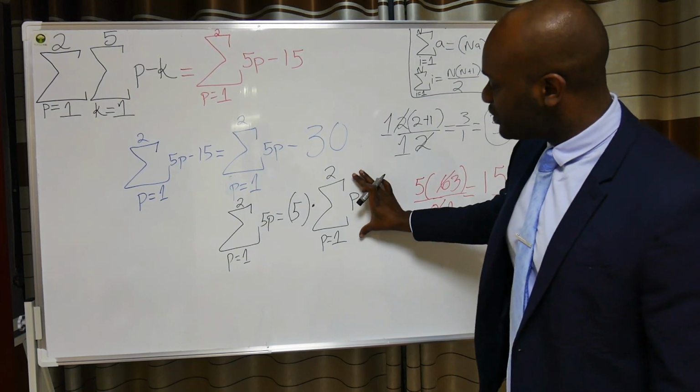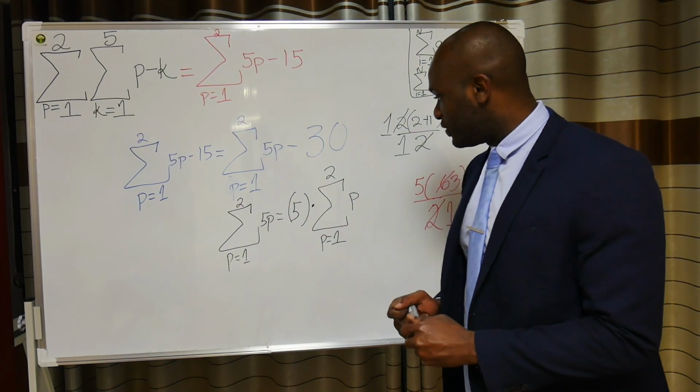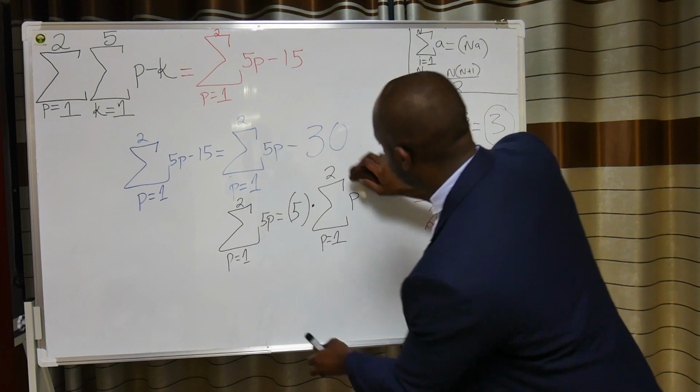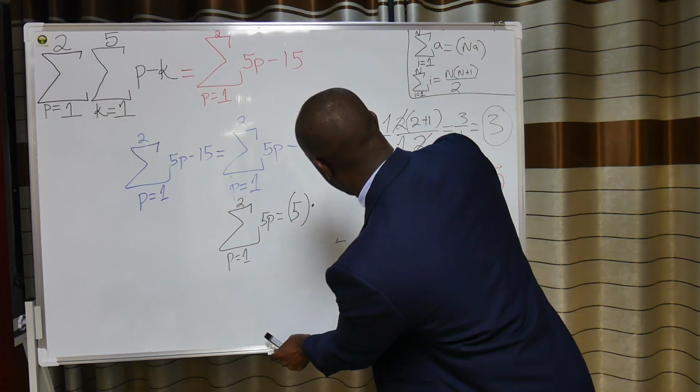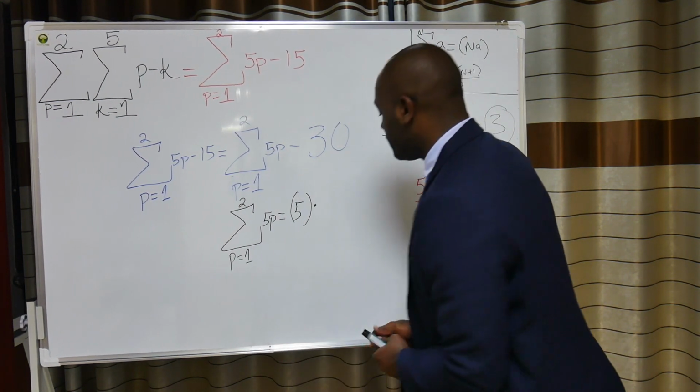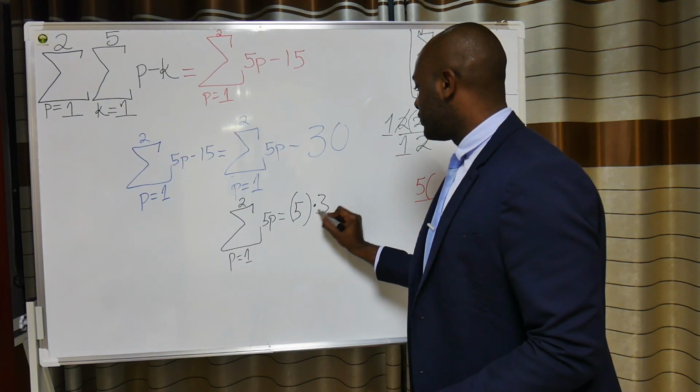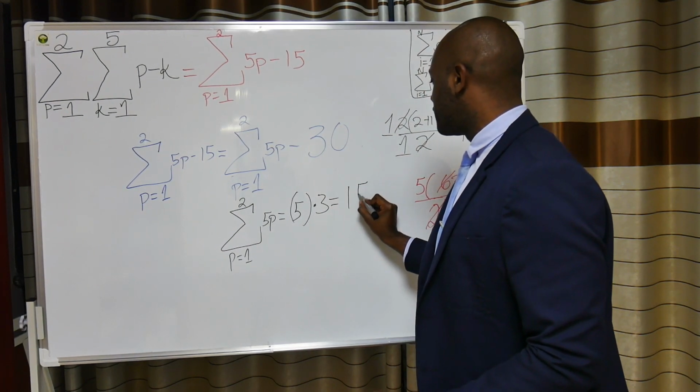So we now know that this summation is going to be equivalent to 3. I'm going to erase it and instead put 3, and we are left with 5 times 3, which equals, of course, 15.